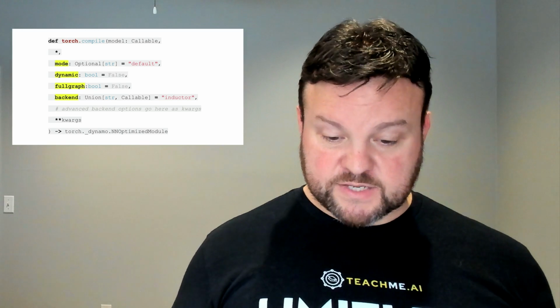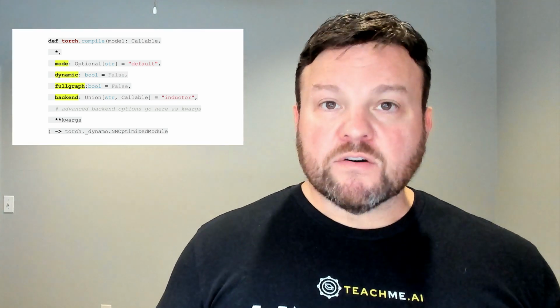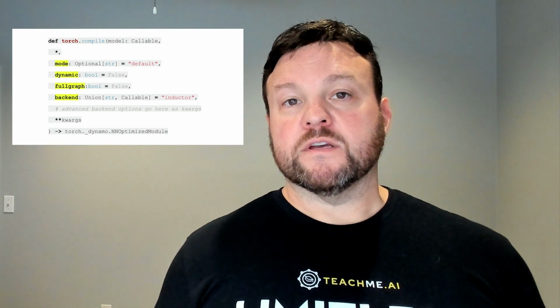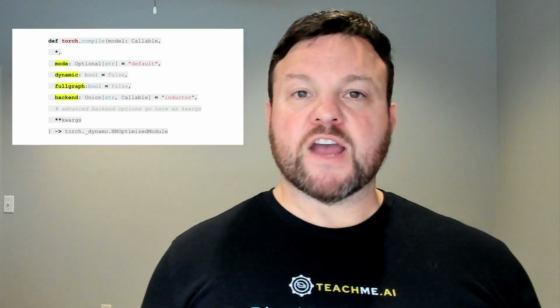The other mode you might consider is called max auto-tune. What max auto-tune does is it's going to take a little bit longer to compile, but you may get better results. So that might be something you want to play around with if you try out the default setting for mode and it's pretty quick to compile your neural network. Maybe you give max auto-tune a try and see if it takes a little bit longer.